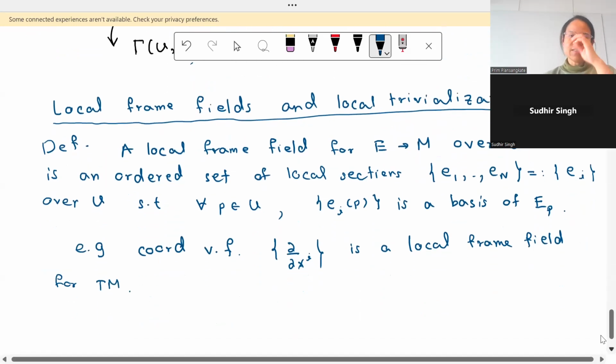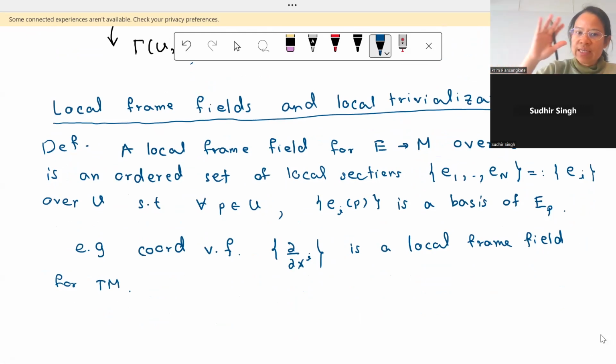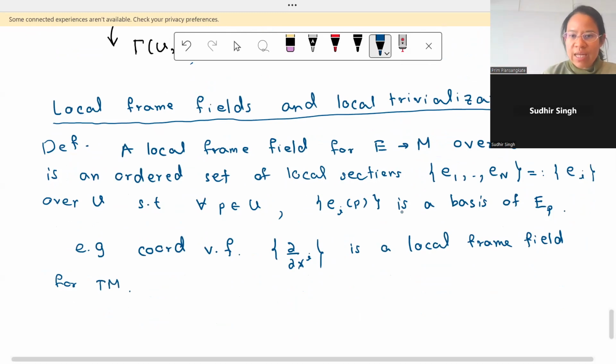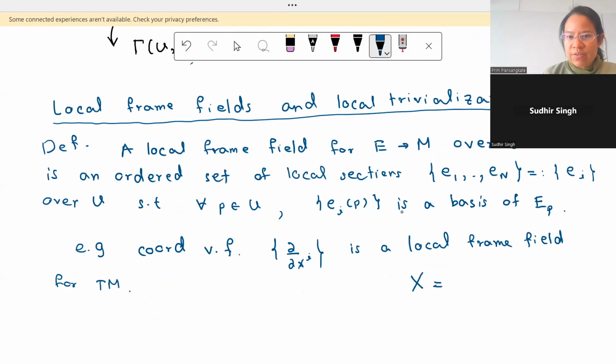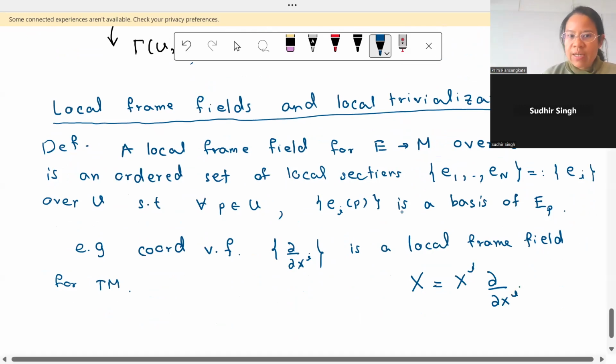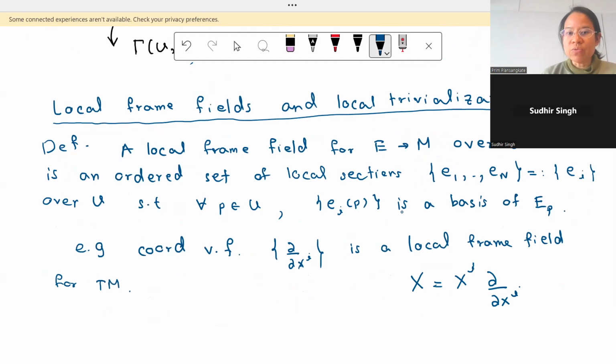Then it is like when we write down, before when we looked at tangent vector fields, any vector field in terms of coordinate vector fields. Given a local frame field on a vector bundle, we can write any local section in terms of this frame field as well.